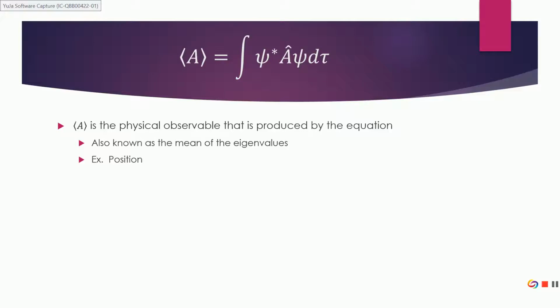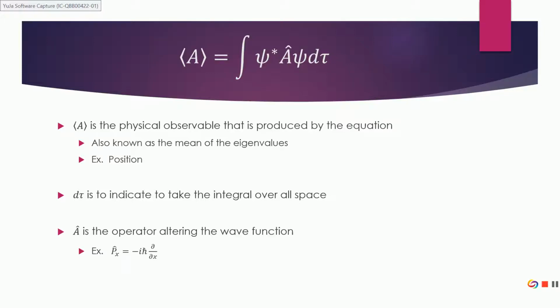This function is normalized. I didn't include it in my PowerPoint, but it is. So it's divided by a normalized function to give the mean of the properties. And then the d tau, or d r, or whatever you want to use, is indicated for the integral over all of space. The integral itself is from negative to positive infinity, so it's including everything.